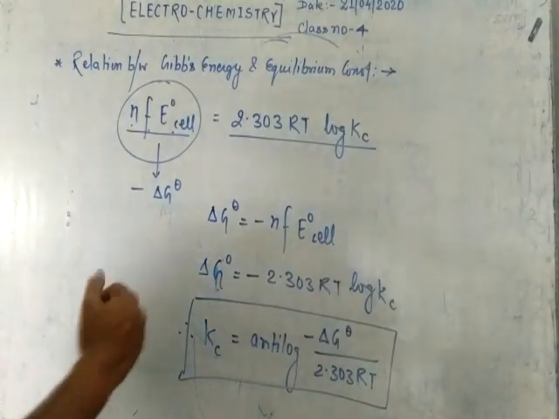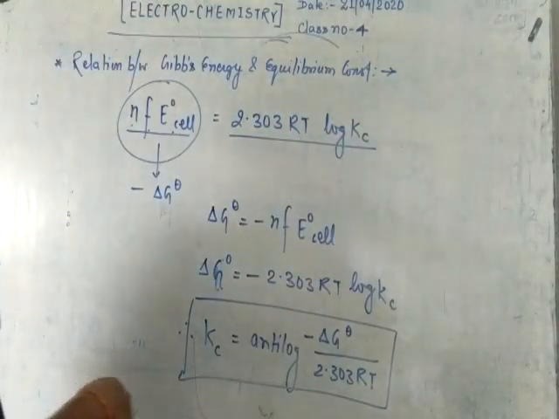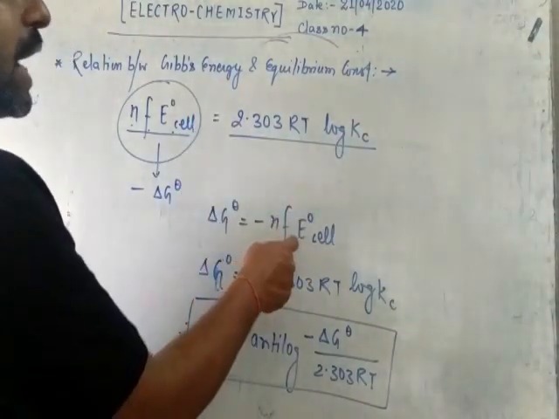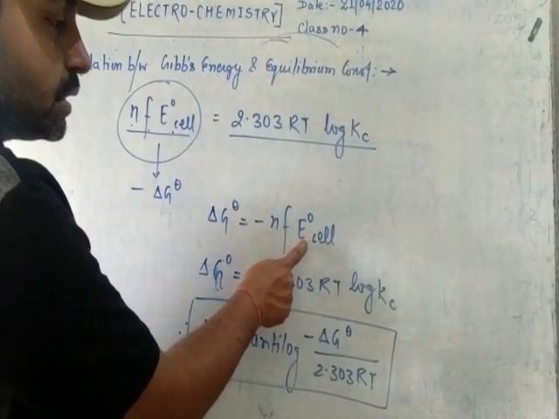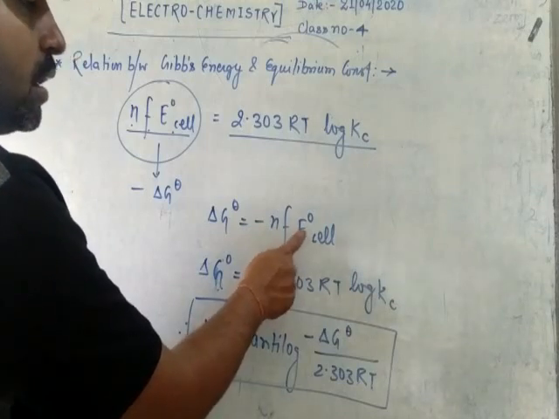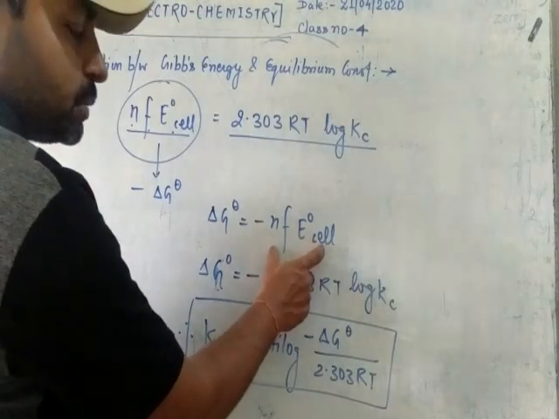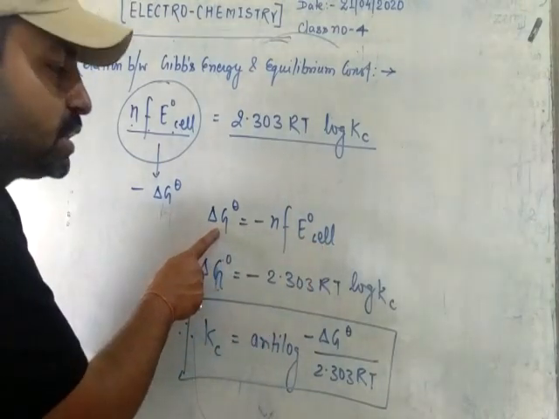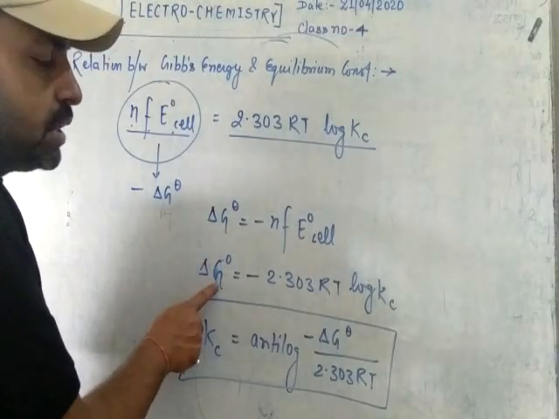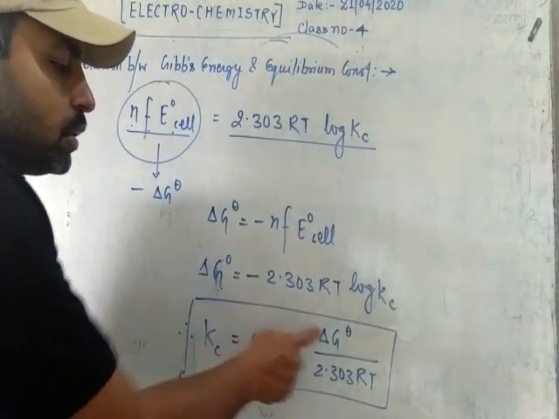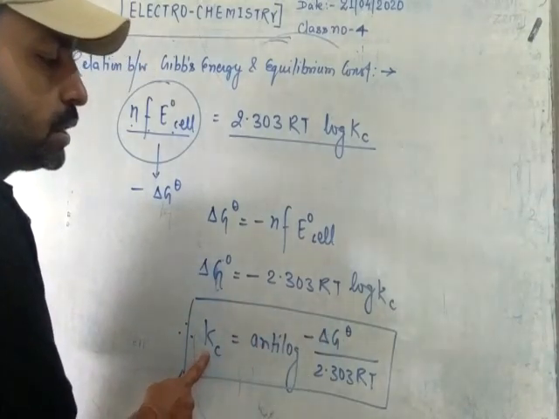So students, in a question a redox reaction is given. Initially you calculate E0 cell, the standard cell potential, with the help of the electrochemical series. Knowing that standard cell potential, follow this formula to calculate the Gibbs energy for the reaction, and then follow this formula to calculate the equilibrium constant.